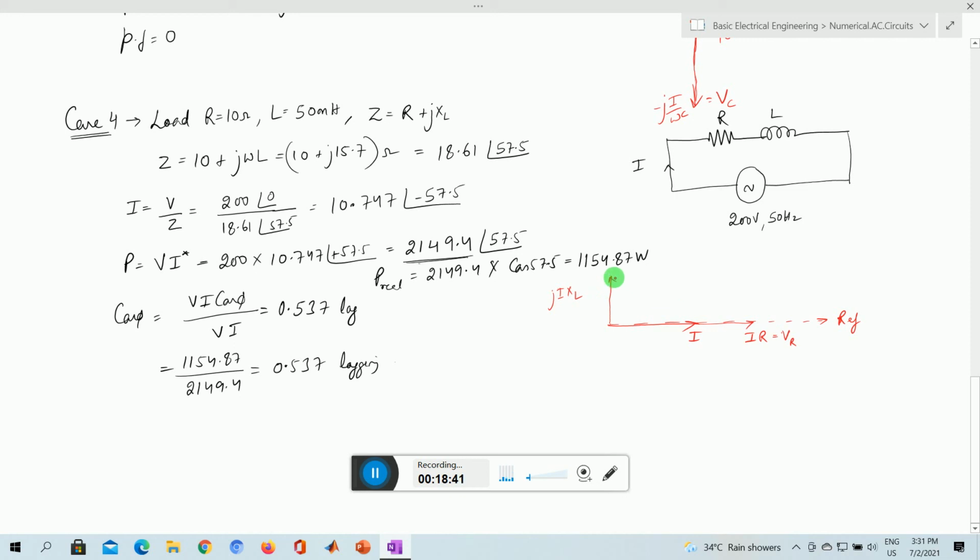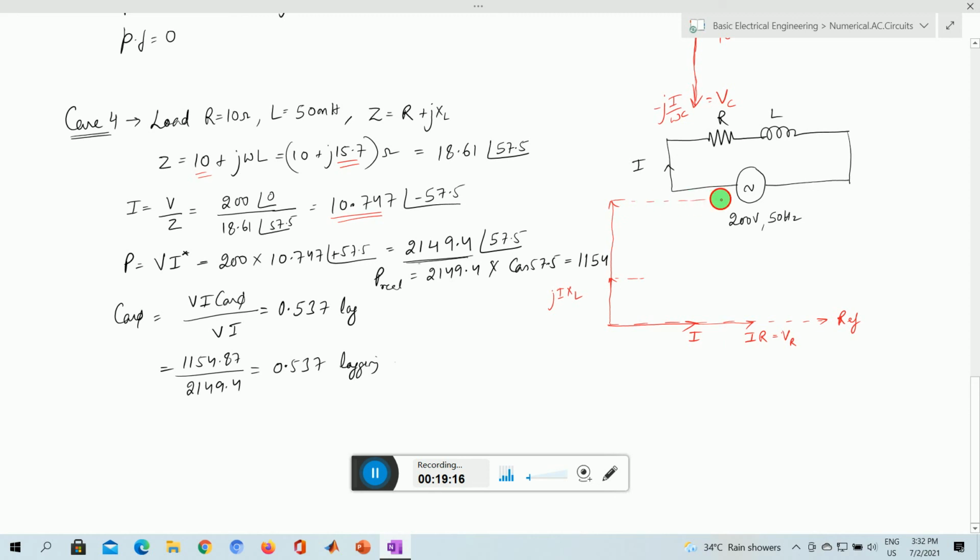Now when we take the phasor diagram of it, let us take the real part as 10 times the current, and 15.7 times the current. This value will obviously be lengthwise higher.